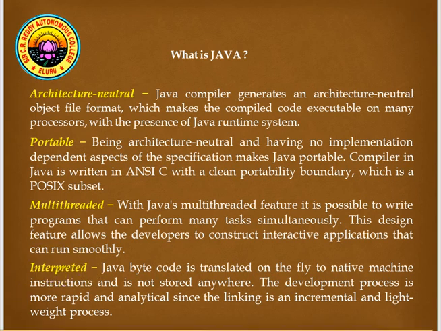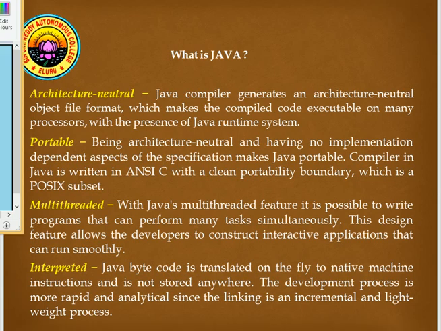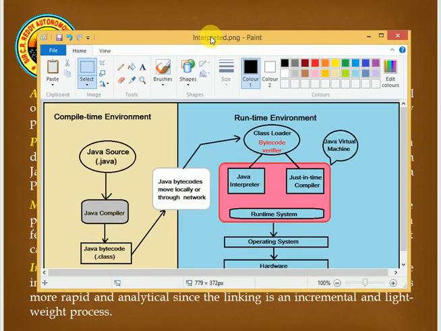That can be represented in the form of a picture. Here you see Java source code and the Java compiler, which converts it into Java bytecode. Then this Java bytecode moves locally or through the network to the runtime environment. The class loader loads the bytecode, which is supplied to the Java virtual machine. The Java virtual machine consists of the Java interpreter and the just-in-time compiler.